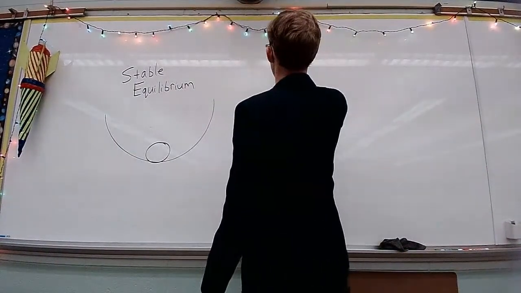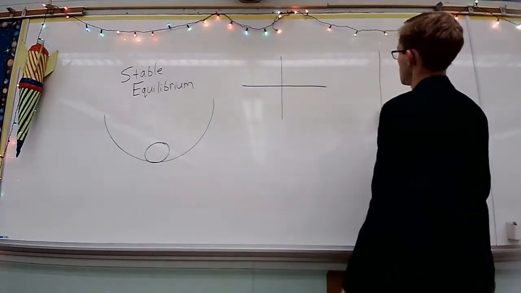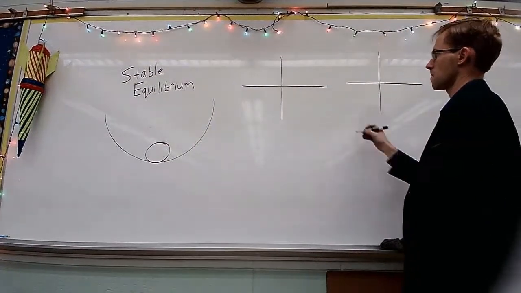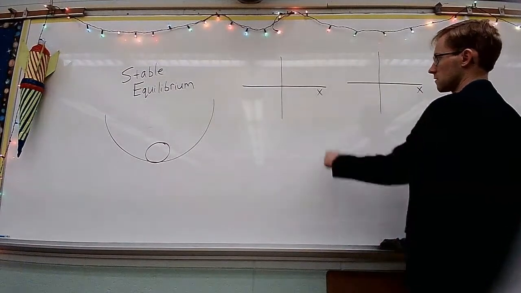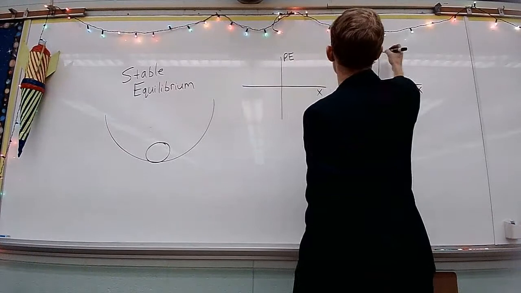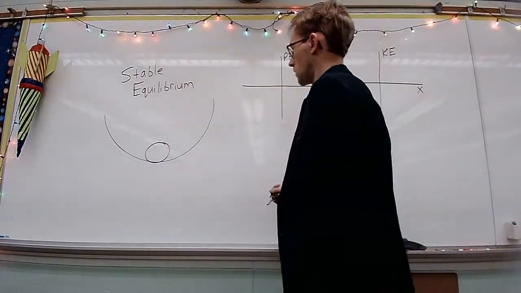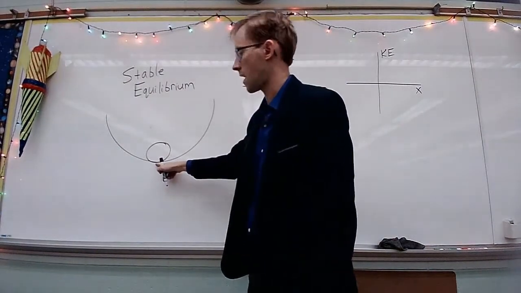Now we also want to make sure we're aware of what happens to potential and kinetic energy under these conditions. On the horizontal axis, we'll put displacement. On the vertical axis will be our energies, potential and kinetic. So as far as potential energy goes, when this object is at the very bottom here, it's at ground level.